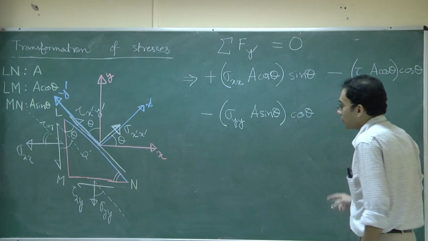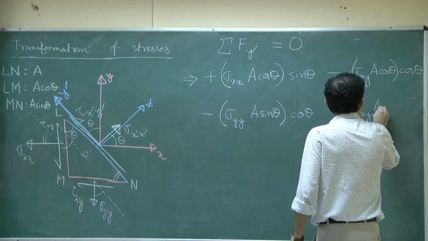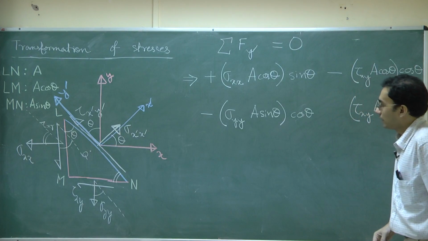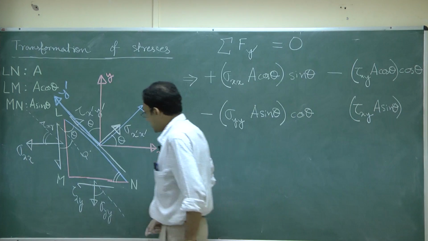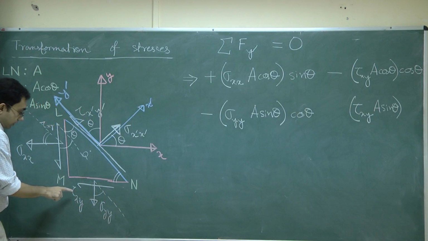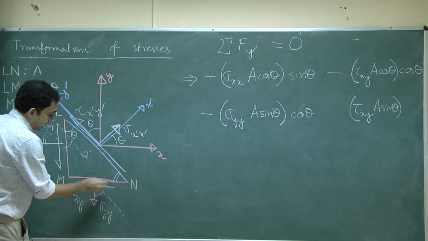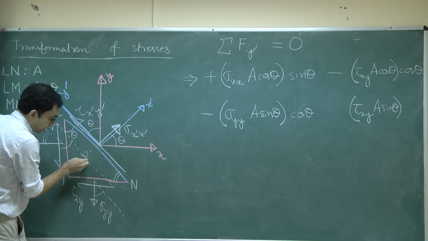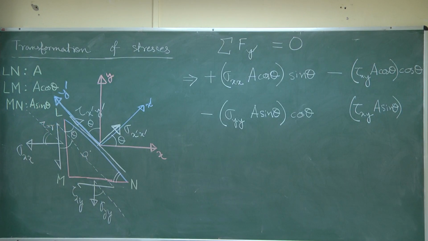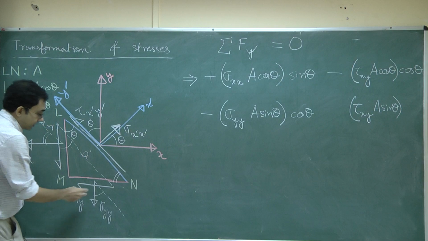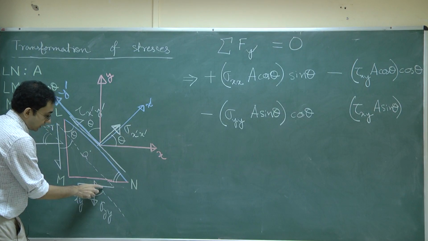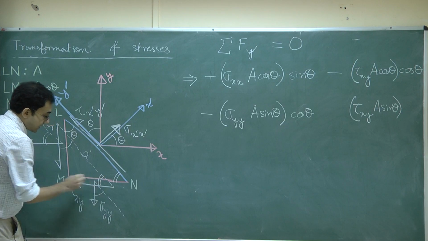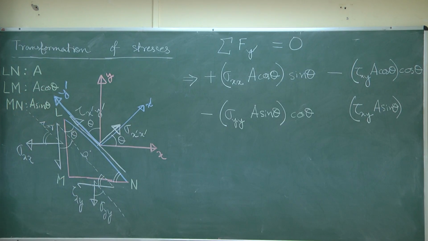So tau xy will be again multiplied by a sin theta, and I have to take the force component of the force contributed by tau xy along the y dash direction. So drawing a dash line along the y dash direction, I understand that this situation is exactly like this corner at n, which means that this angle is nothing but 90 degree minus theta.